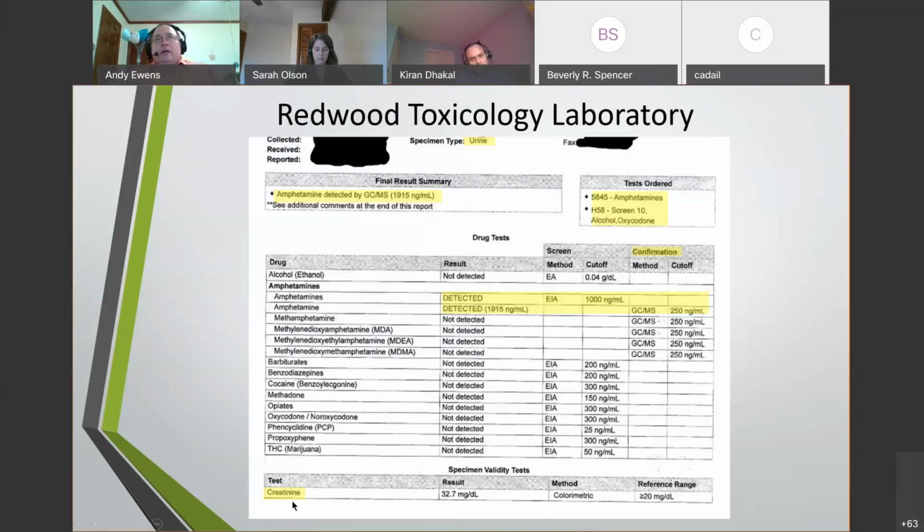Sometimes you can compare the drug concentration to the level of creatinine, which some people can argue would be a more accurate result than just the concentration based on the volume of urine, because of the sort of constant level of creatinine in the urine.